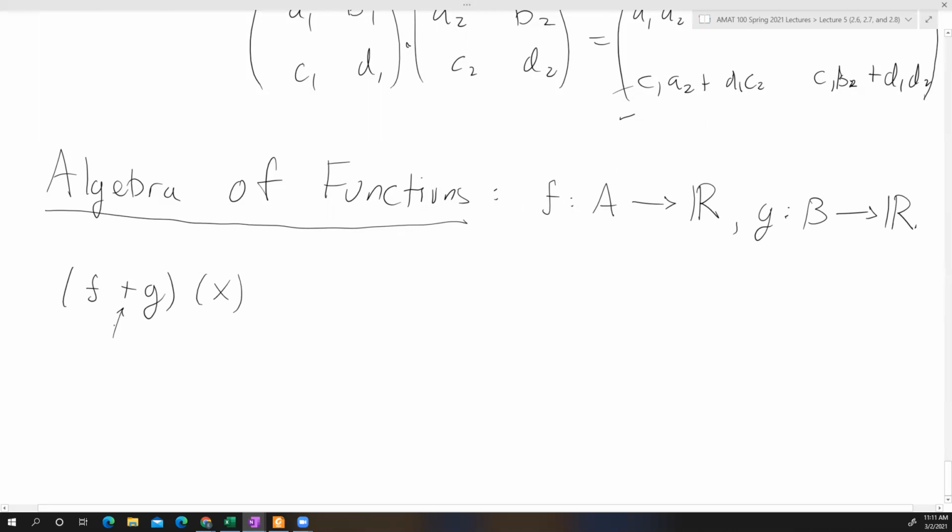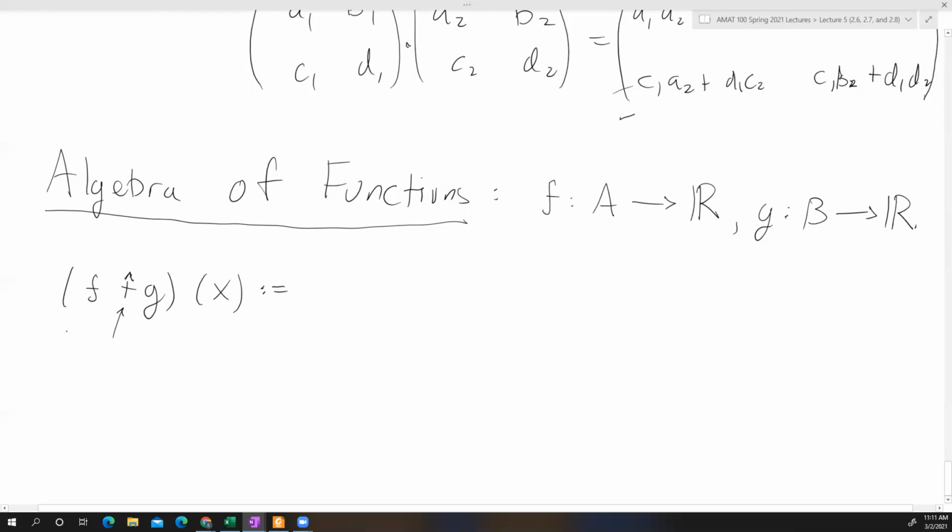So that symbol right there is not addition of numbers. If we want to be technical, it's like plus hat. So it's a different symbol. It does not represent addition of numbers. It's addition of functions. But it's going to be defined in terms of addition of numbers.